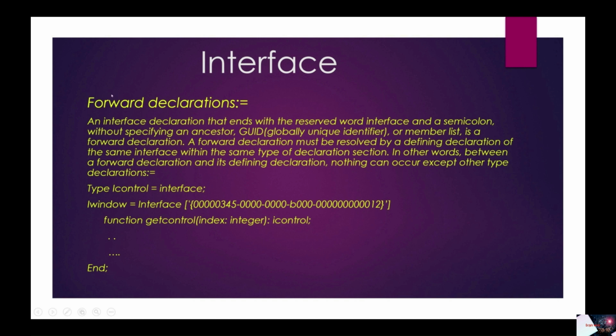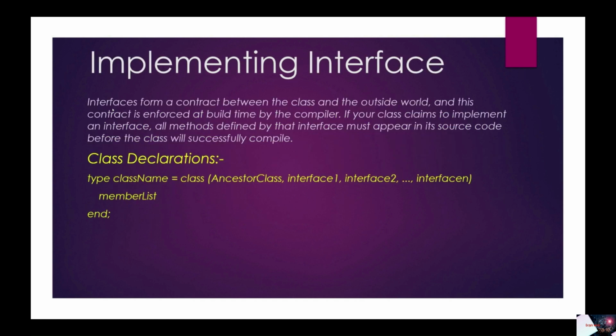We are not writing any methods of IControl now, but later we will write the methods after the IWindows interface. But the IControl interface reference we are giving in IWindows. So when we use an interface before its actual declaration in some other interface, this is called forward declaration.